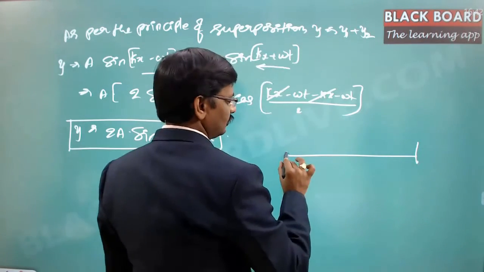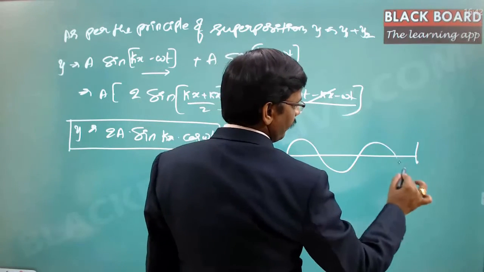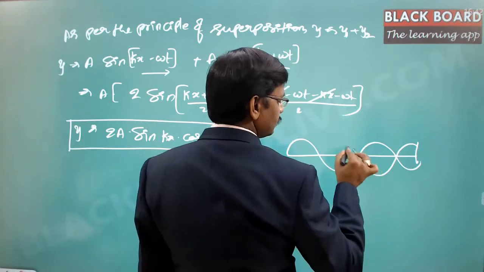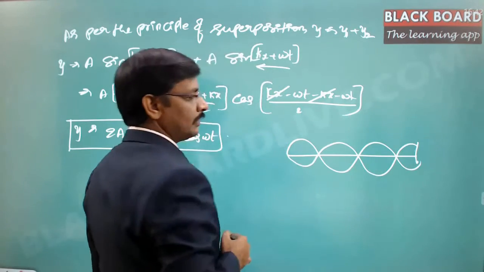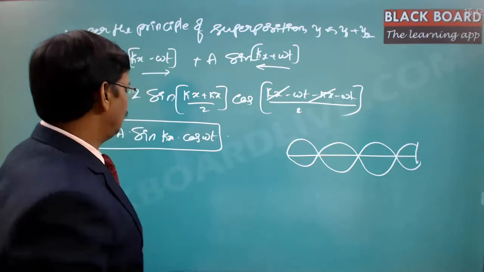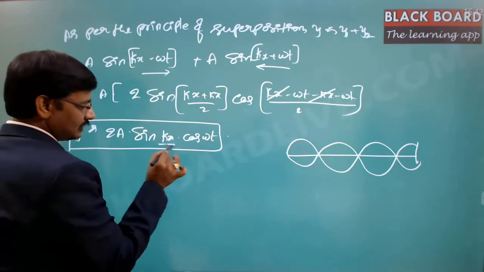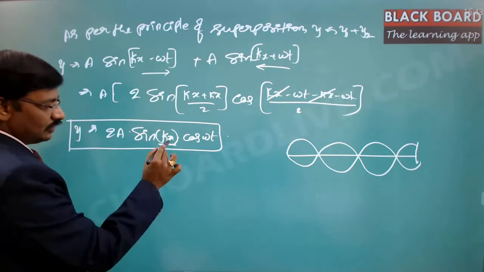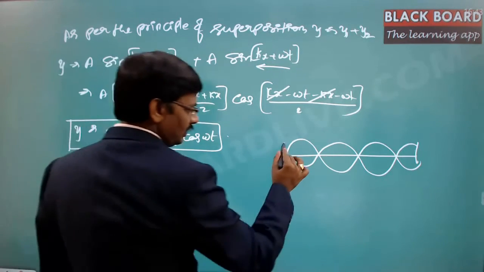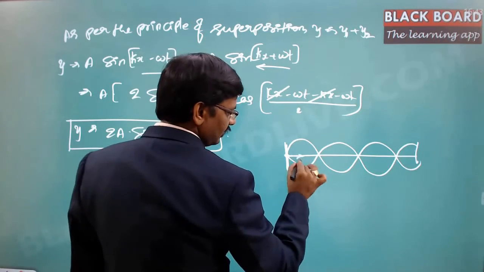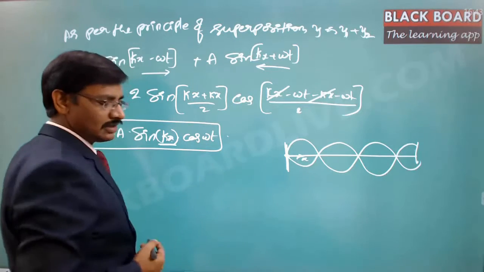So let us take this particular scenario. Let us say this is the wave, and then in the counter direction, there is one more wave like this. Now, the amplitude of the wave at any instant, if you notice, is kx within this sine. Now x is nothing but the displacement from the initial position. So this is the initial position, and this is at a length of x.